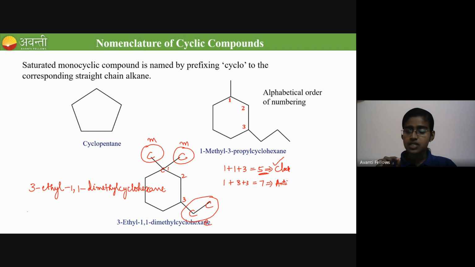If 2 substituents are the same, then you have to give di-, tri-, no? That's what we discussed in the 4th rule, right? You guys have forgotten, or I don't know. Okay, no problem. Since this is the first class for nomenclature, you don't have to worry about it. Just go through the rules.